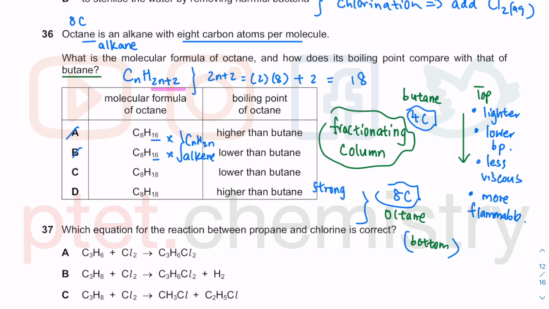If you have stronger intermolecular forces of attraction between the molecules, you're going to need more energy to break the force of attraction. Therefore, you're going to have a higher boiling point, further down in the fractionating column. So the boiling point of octane is going to be higher than the 4 carbon butane, as you have stronger intermolecular forces, which need more energy to break as a result.